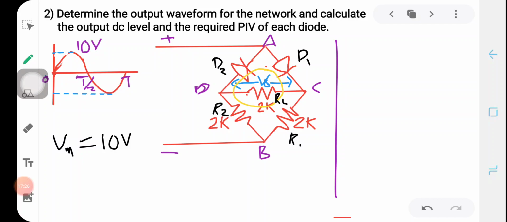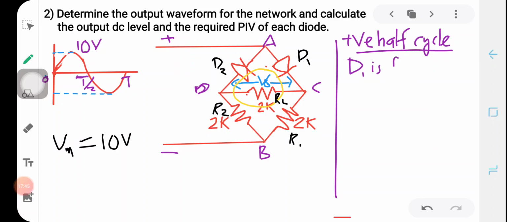Then A being positive means D1 is forward biased during the positive half cycle, and D2 is reverse biased. That means D1 can be replaced by a short circuit and D2 can be replaced by an open circuit. So the equivalent circuit I am drawing on the next page.